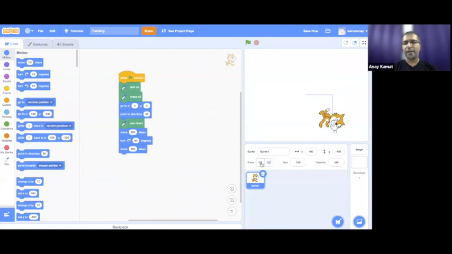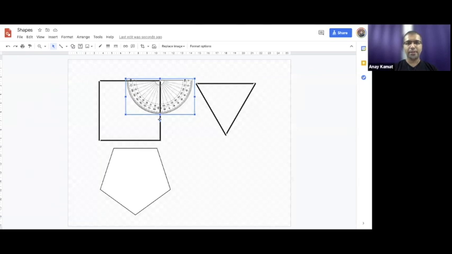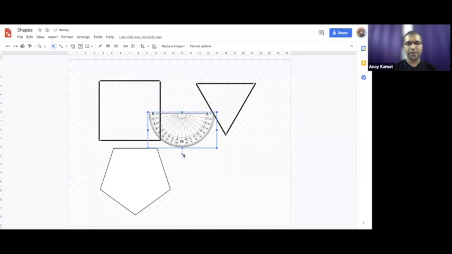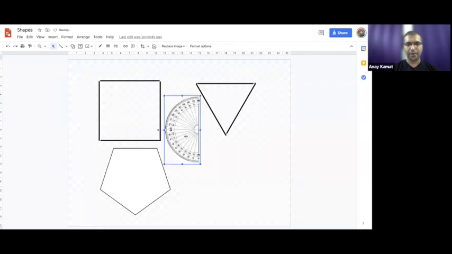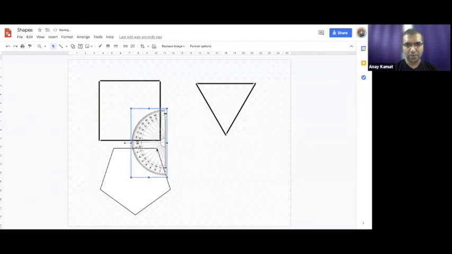What I want to do next is I want the sprite to be facing leftwards, right? So how much do I rotate it? Let us try the same thing here. Let me also rotate the protractor and place it over here, exactly like this.